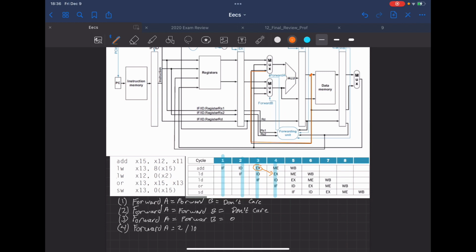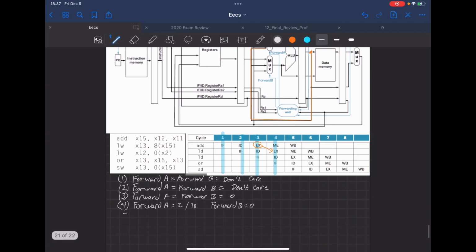Why? So we can have this essentially be X15, and this will be 8, and that's what we can send to the ALU. Okay, so that's why forward A and forward B for this one are like that. Next we'll go to 5.